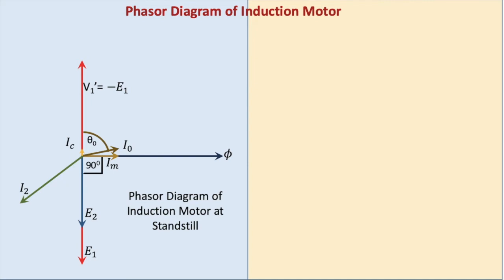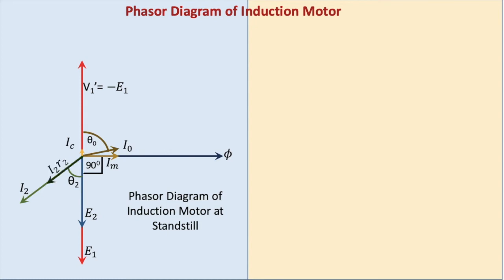Now at standstill the reactance is very high because slip is equal to 1, so the reactance is X2, which is 2 pi F L2, and because F is the supply frequency, the reactance of the rotor is quite large, hence you have a large angle theta 2 over here, and therefore the power factor is much poorer at standstill.